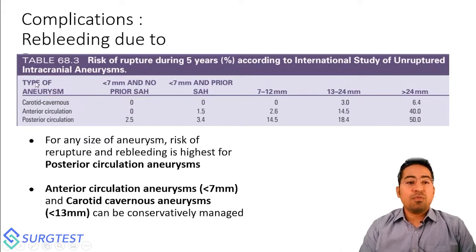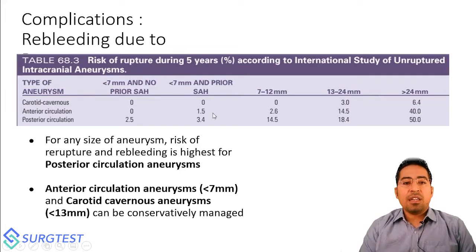This table from Sebastian explains this. If the carotid cavernous aneurysms are more than 13 mm in size, they have a risk of rupture, so you have to manage them either surgically or by the endovascular route. If the anterior circulation aneurysms are less than 7 mm in size, the risk of rupture is 0.